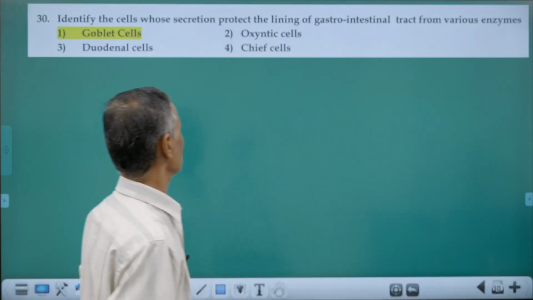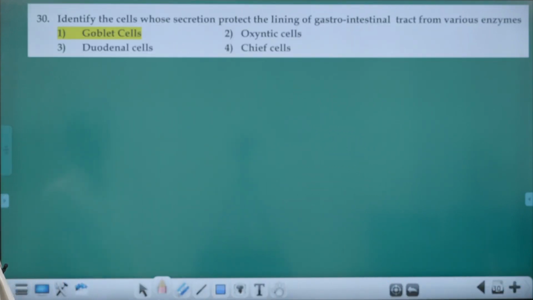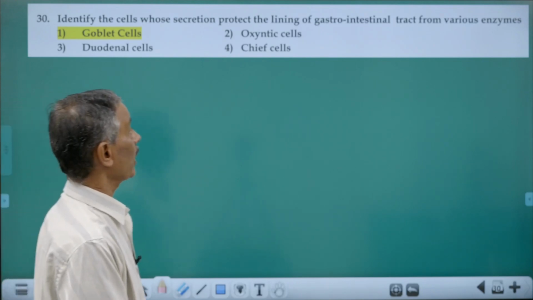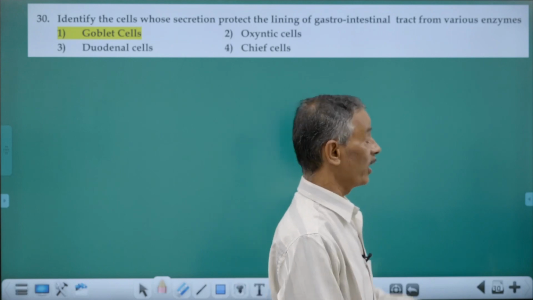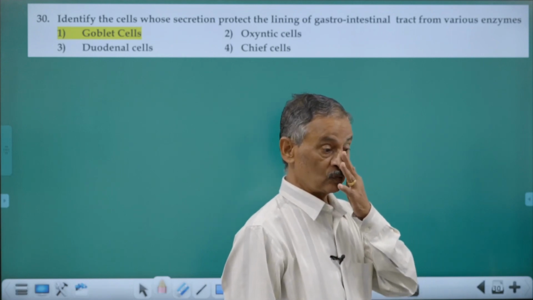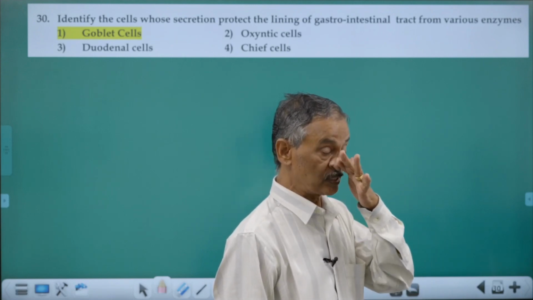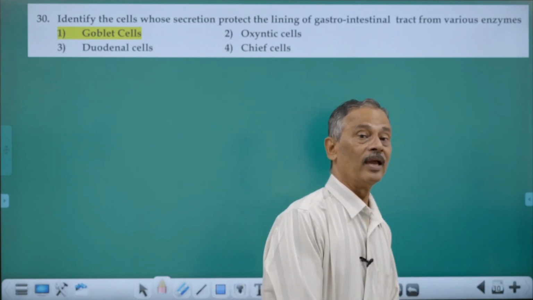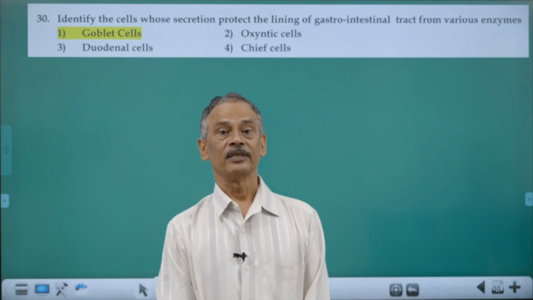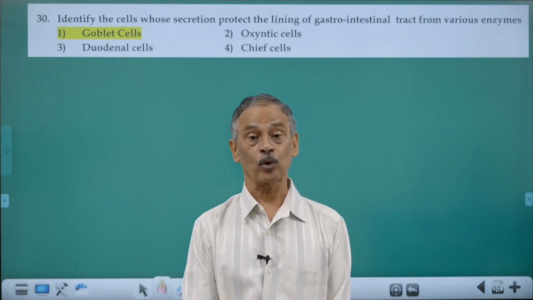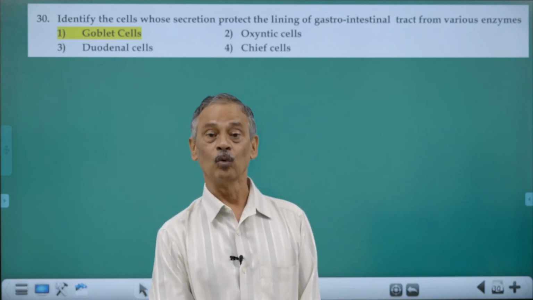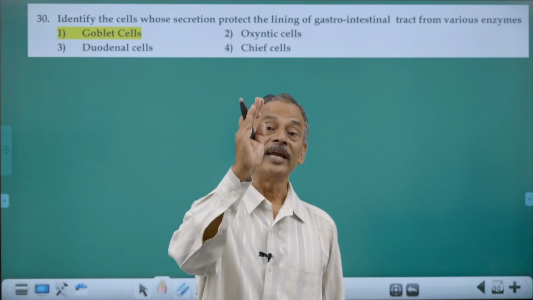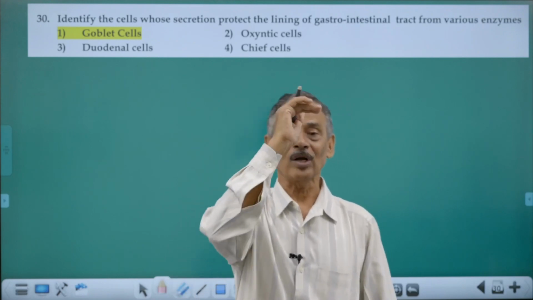And coming to the last question of this chapter, identify the cell whose secretion protects the lining of the gastrointestinal tract from various enzymes. See, even if you are producing HCl, that HCl is not coming in contact with the epithelium of the alimentary canal. It is protected from the excoriating activity of the HCl. How? With the help of a thick layer of mucus.